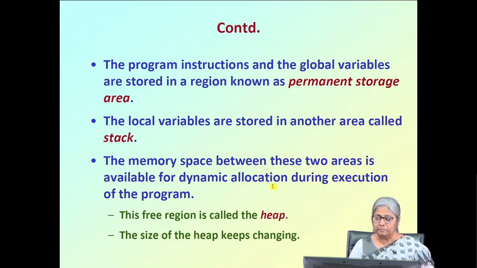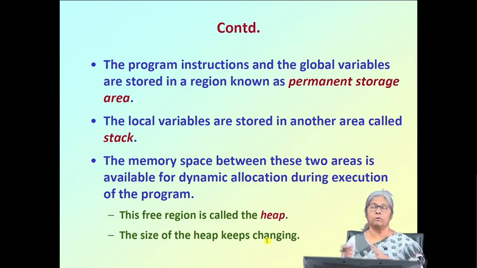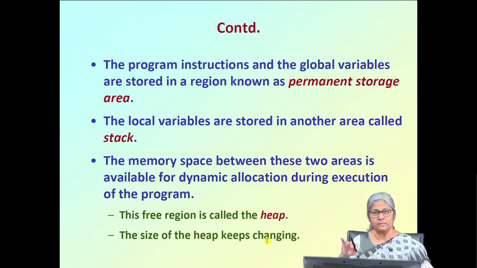Now, the free region is called the heap, and the size of the heap keeps changing, because it is dynamic in nature. That means, if I need more space, it is dynamically reserved and allocated, and whenever the usage of the allocated memory is complete, the space will be freed for other purposes.